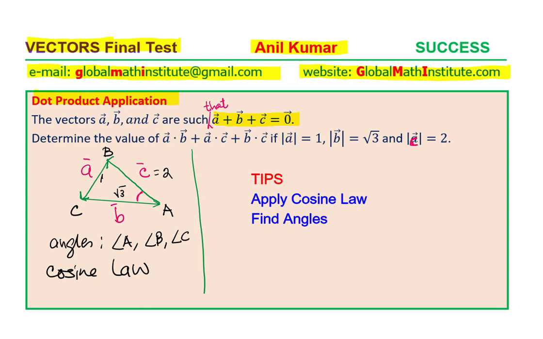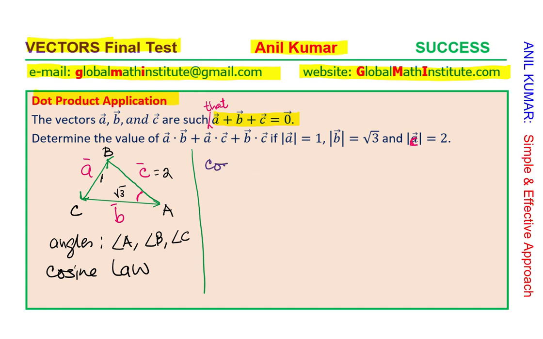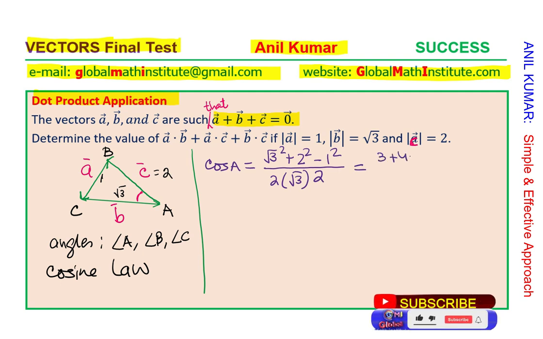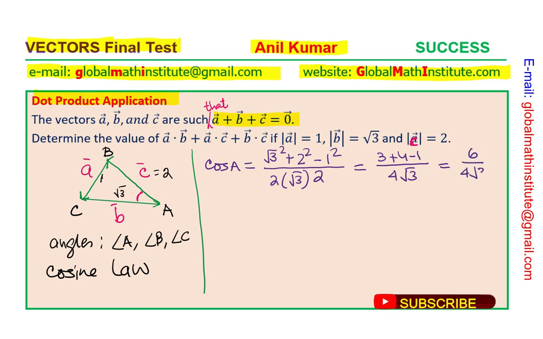Since we need to find all the angles, let's begin with the cosine law and let's start with cos A. So cos A will be square root 3 squared plus 2 squared minus 1 squared over 2 times square root 3 times 2, which is 3 plus 4 minus 1 over 4 square root 3, which is 7 minus 1 is 6 over 4 square root 3.